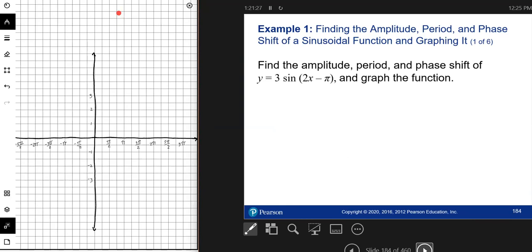So the amplitude is what the sine, or A, is being multiplied by, and the amplitude is the absolute value of that number. And we go through and we find omega and we find phi. Omega is what x is being multiplied by. Phi is what you're adding or subtracting.